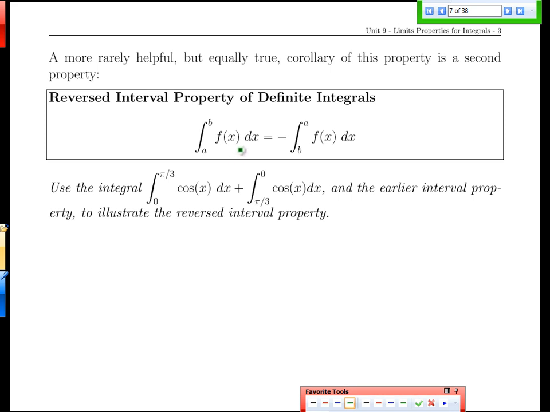Perhaps a less intuitive property that sometimes comes in handy but is less frequently used than the last one is that if we swap the limits of integration, a to b, and change it to b up to a, then we get a negative sign out front. We can illustrate a simple example of this property by looking at the integral from 0 to pi over 3 plus the integral, seems odd, but from pi over 3 to 0.